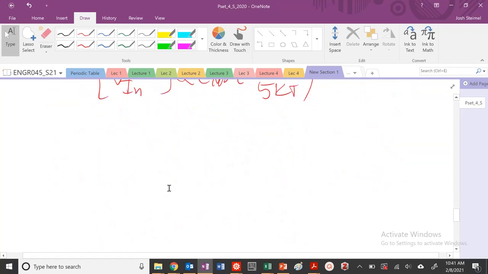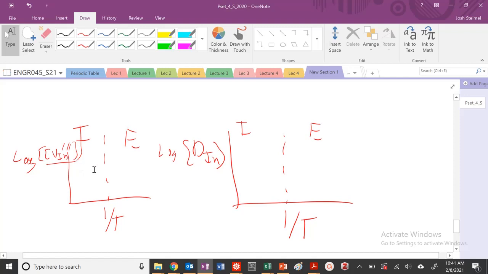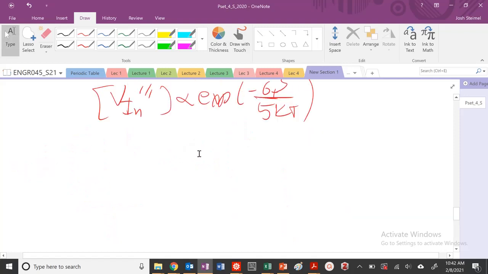So my slope for my intrinsic reaction as a function of the concentration of these vacancies is just minus G formation of Schottky over 5K.